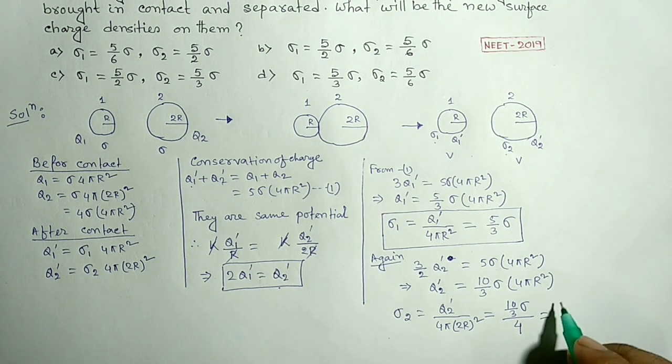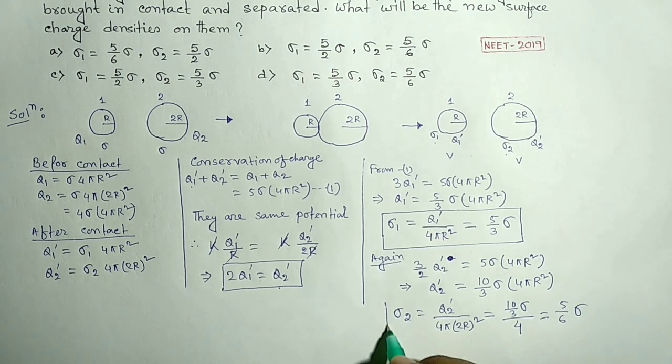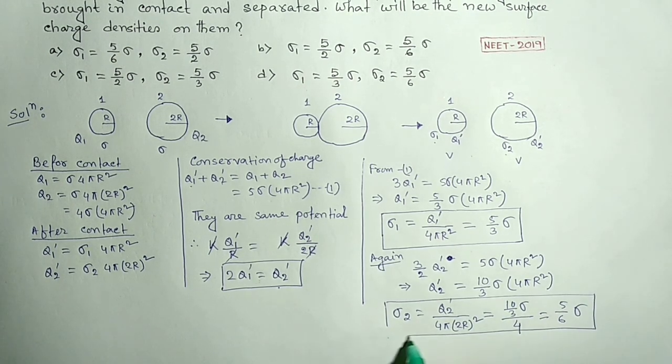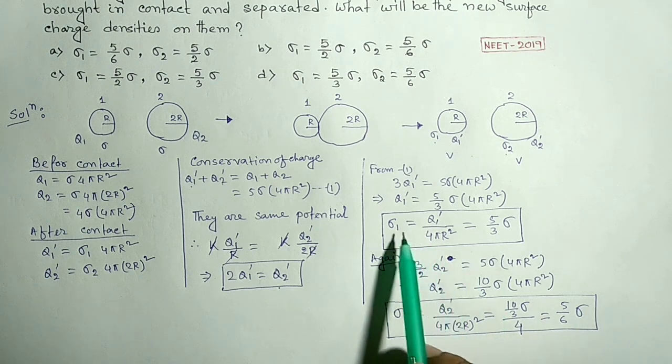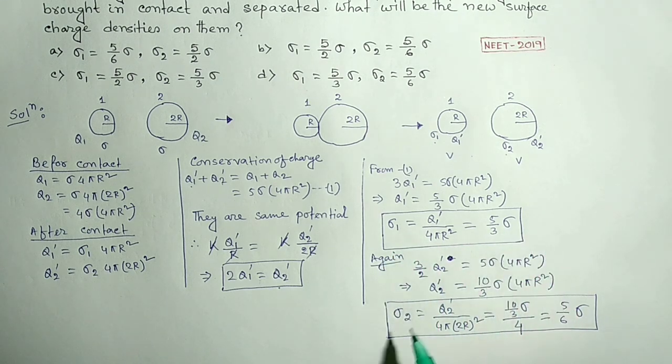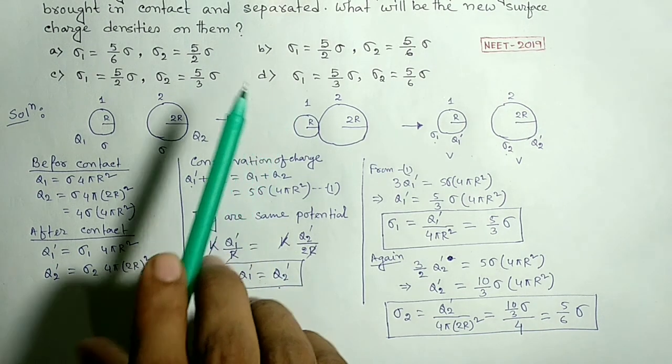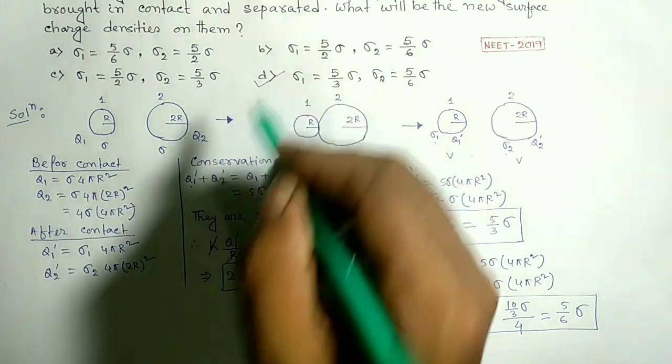It equals 5 by 6 sigma. So this is sigma 2. Now sigma 1 equals 5 by 3 sigma, sigma 2 equals 5 by 6 sigma. So option D is the right answer.